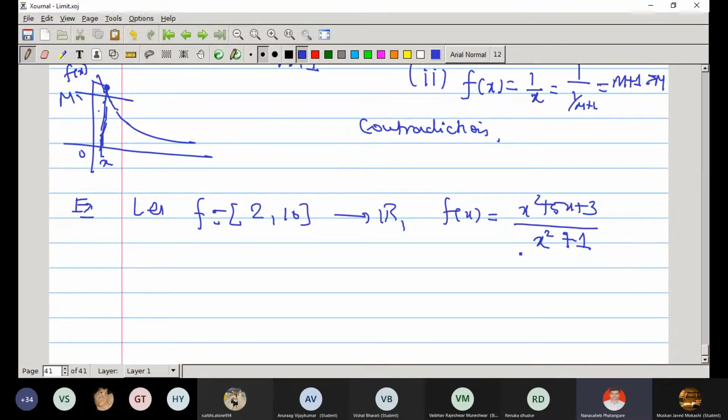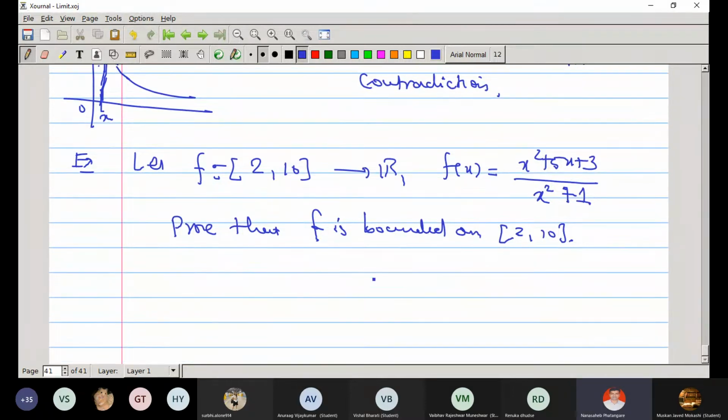Prove that f is bounded on the domain 2 to 10. So how will you prove this?